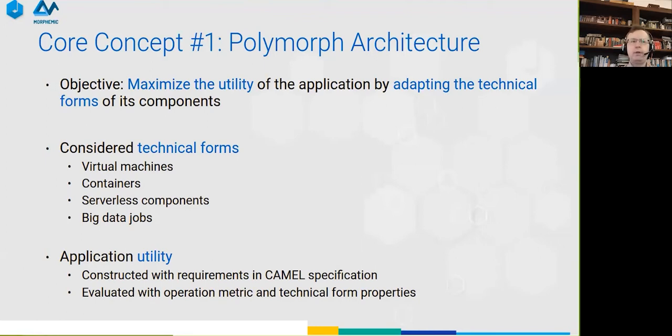And what is polymorphic architecture, polymorphic adaptation? It is a very unique concept which allows to adapt not only the number of resources, but also the architecture of the application. So for example, Melodic will decide if the application should be deployed on virtual machines, on serverless components, or maybe virtual machines with a GPU, with a special version of the application able to use the GPU to increase the performance, or FPGA, or any other type of resources.